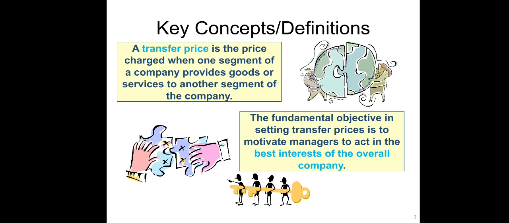Because when one segment wants to sell its product or service to another segment within the same company, the selling segment wants to charge the maximum, wants to set the highest price, but the segment that buys the product or service is asking for the lowest price.